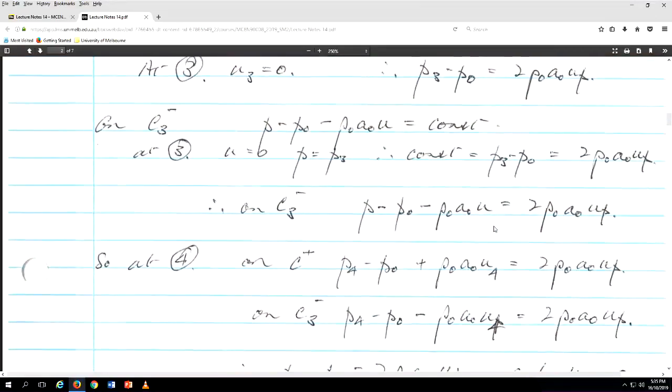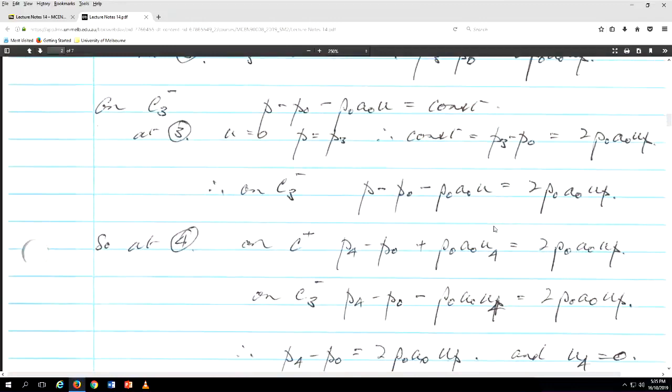So at 4, on the C1 plus, I had P4 minus P0 plus rho naught A naught U was the constant, 2 rho naught A naught UP. And on C3 minus, P4 minus P0 minus rho naught A naught U4 will be 2 that.